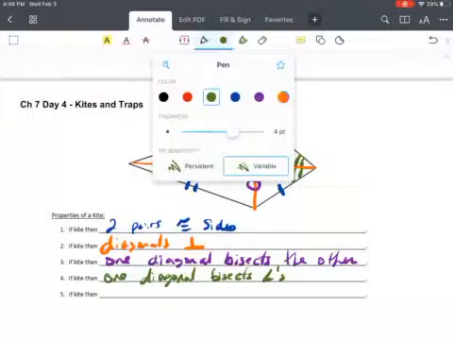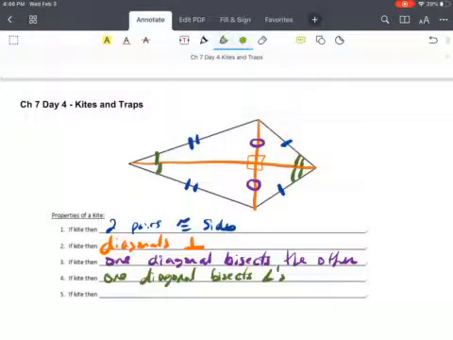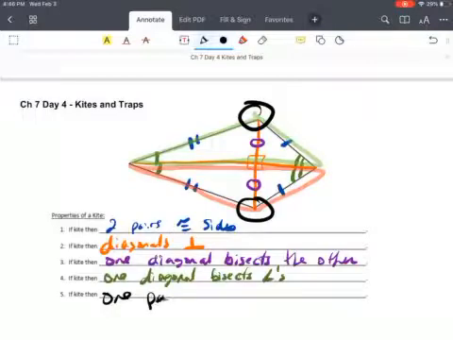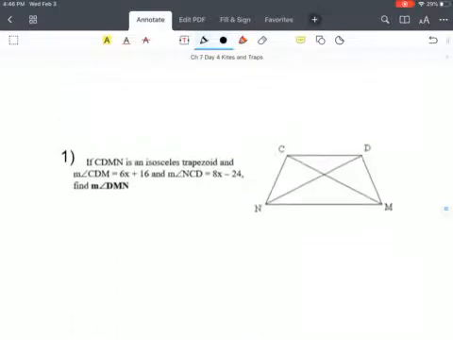And then when we drew in our diagonal, because we're going to have a pair, we have one triangle on the top in this case, and then another triangle on the bottom. We have one pair of opposite angles that would be congruent. So in a kite, we have a lot of one diagonal or one pair of things doing something, whereas it happens in both cases in other shapes.